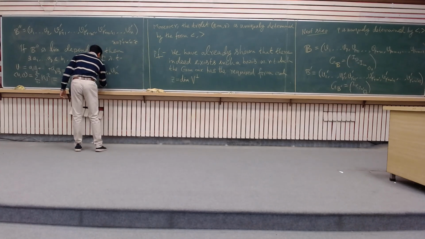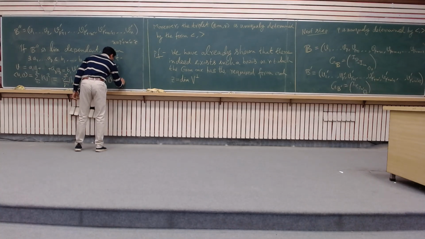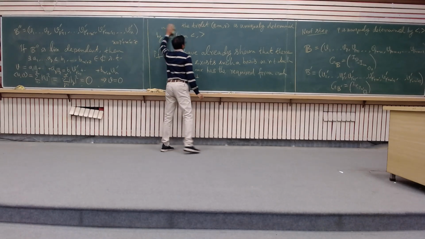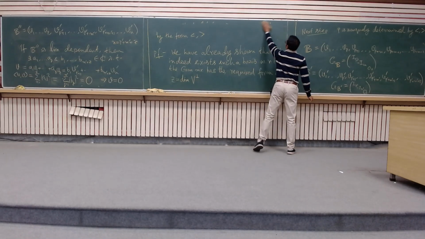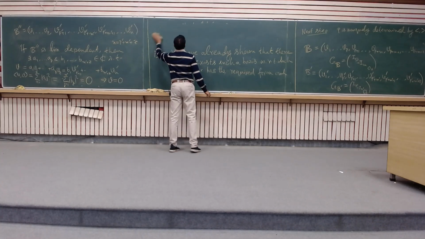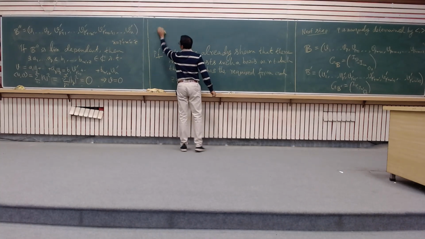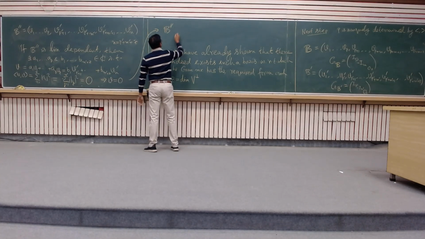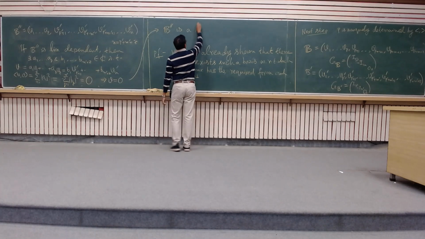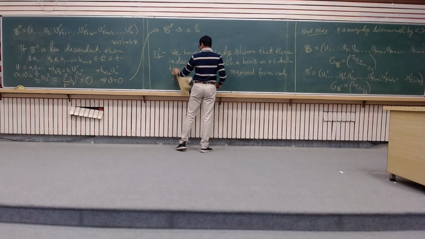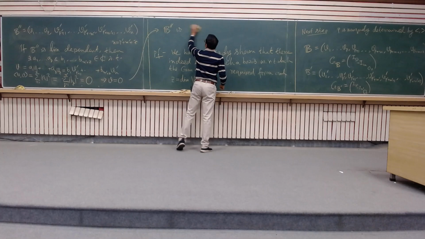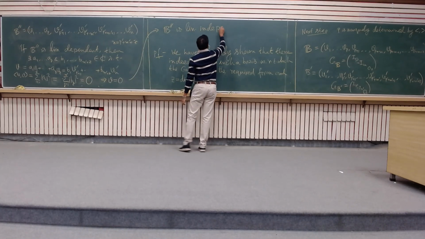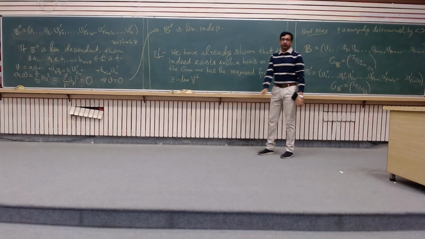So that in particular implies that v is equal to 0, and hence that implies B dash is linearly independent. And with that we are done, right?